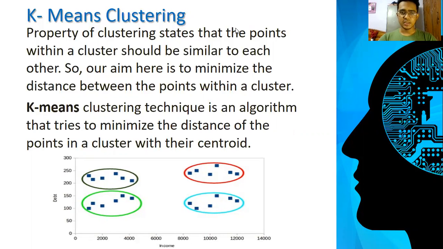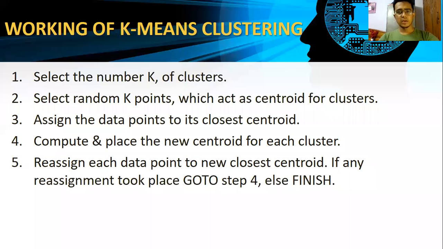Let's see what the steps involved in a K-means clustering algorithm are. Here is the working of K-means clustering. The algorithm first of all selects k number of clusters. K can be any number ranging from 1 to infinity, depending upon the number of data points we have. Then it selects random k points on the graph, which act as centroids for clusters.